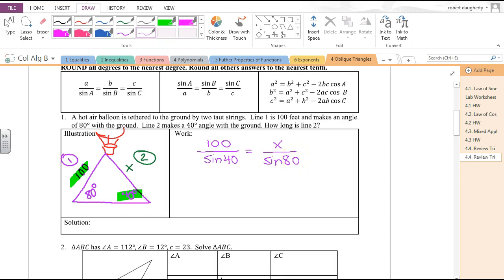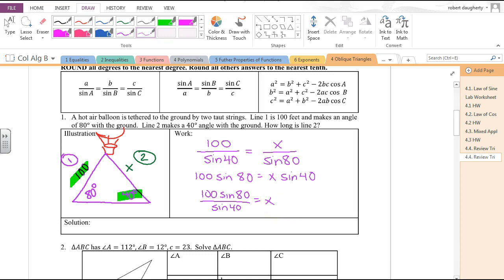I will cross multiply. You get 100 times the sine of 80 equals x times the sine of 40. Divide both sides by the sine of 40, so you get 100 sine of 80 divided by the sine of 40, and that will equal x.